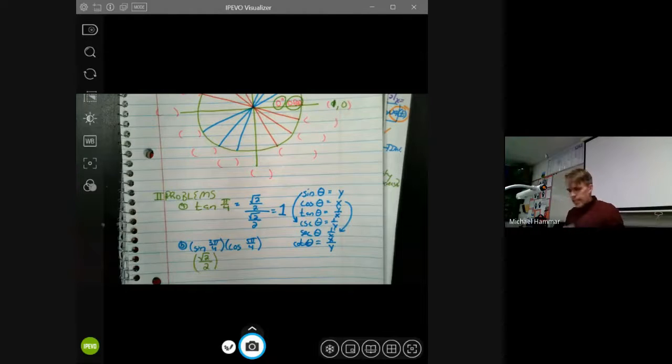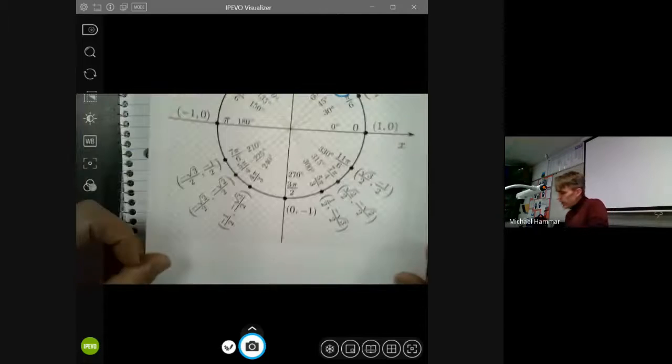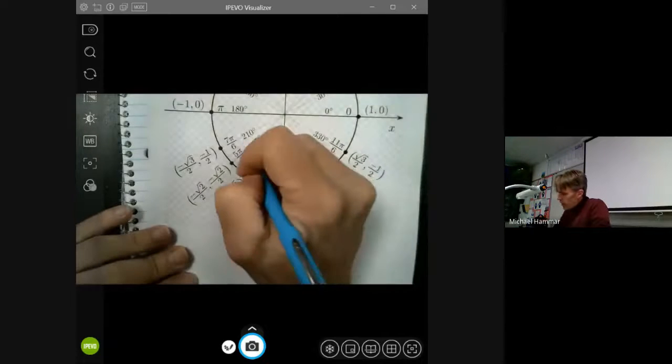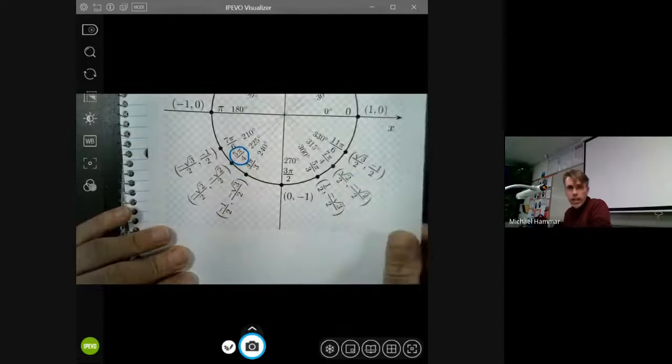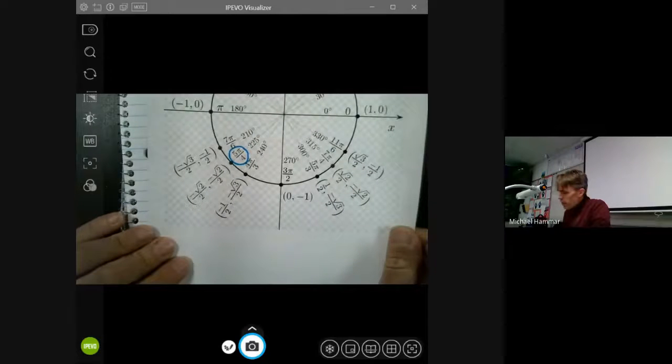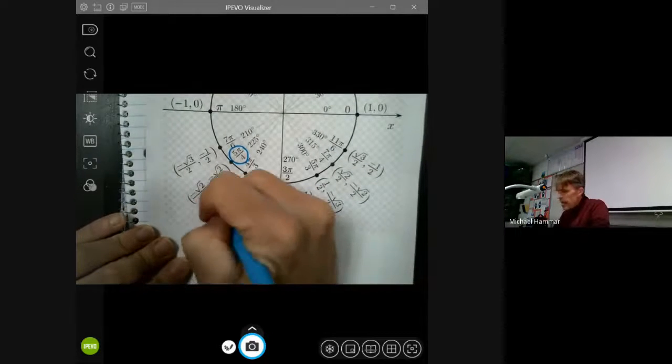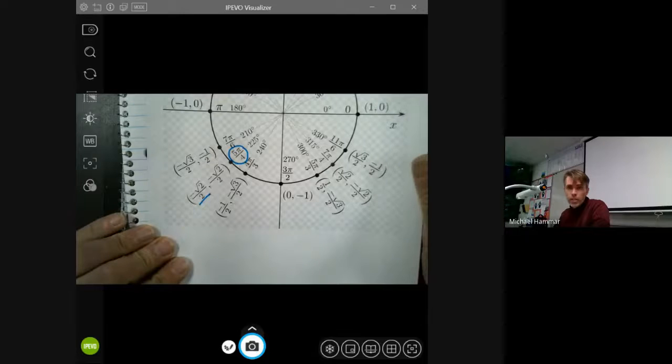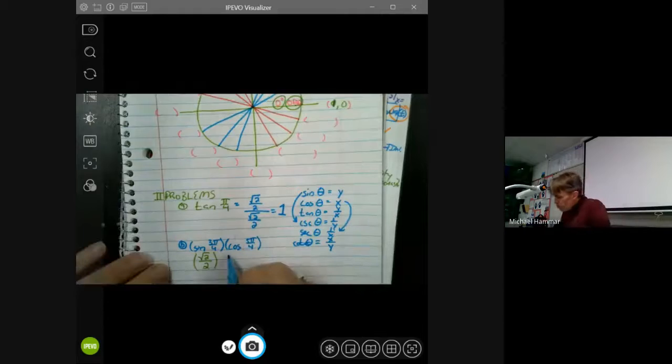Now, cosine of 5 pi over 4. Well, 5 pi over 4 is down here, but cosine is the x coordinate of it. So it is negative square root of 2 over 2.